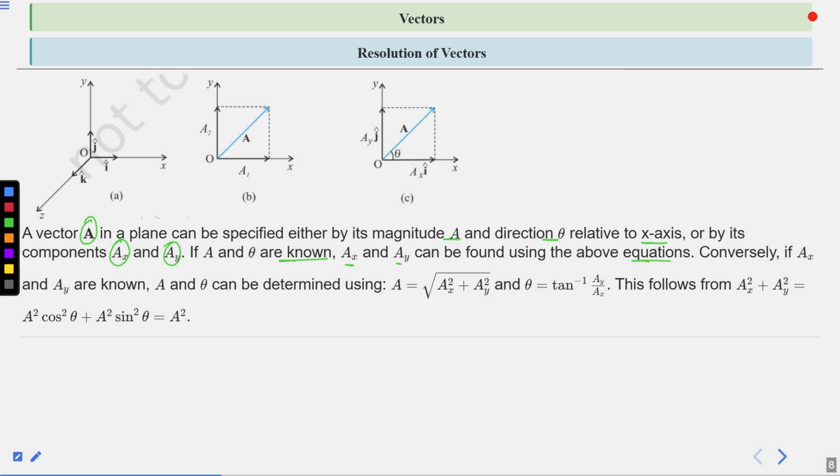The magnitude of vector A is equal to under root Ax square plus Ay square. So this is the formula to calculate the magnitude of any vector. This follows because Ax square plus Ay square is equal to A square cos square theta plus A square sin square theta. So it becomes A square, because we know sin square theta plus cos square theta is equal to 1.